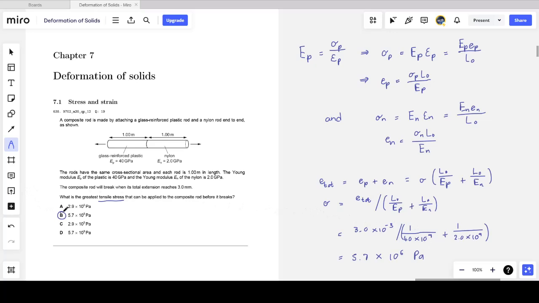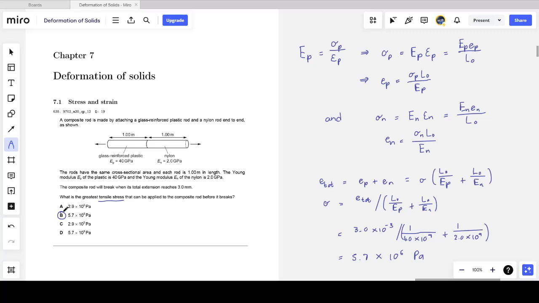So that was quite a tricky question. You probably wouldn't need to do as many steps as I have done, but mathematically, this is how you would solve the problem. You'd have to find an expression for the total extension and then realize that sigma is the same for both ends of the rod. Realize that the original length of both rods is the same, but we don't know the individual extensions.